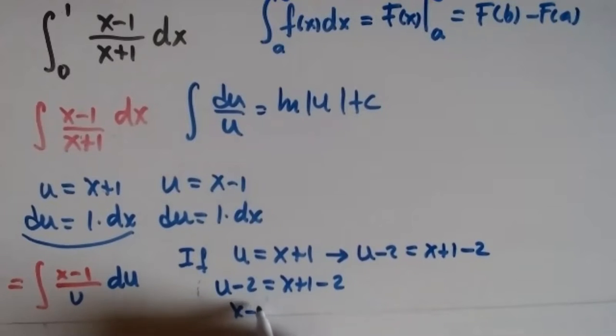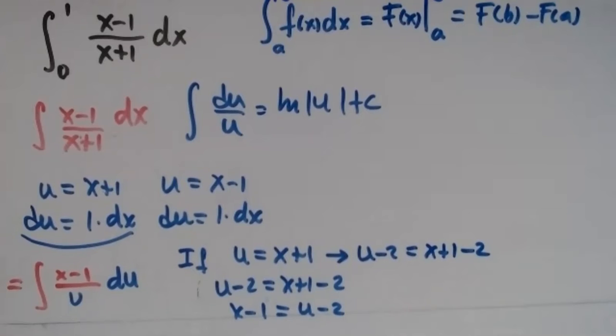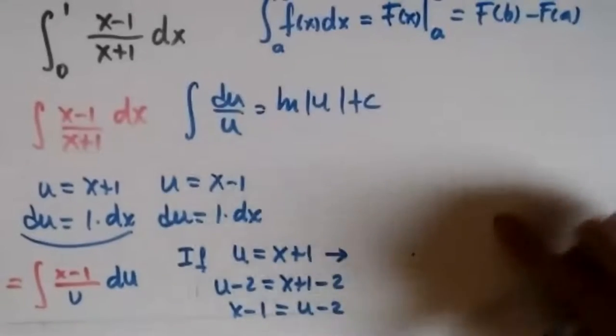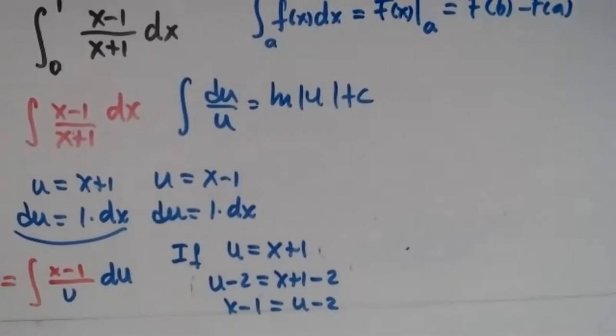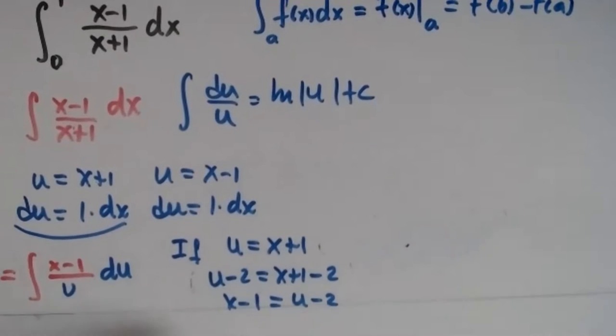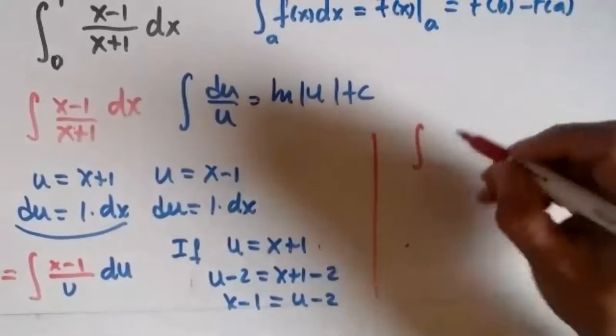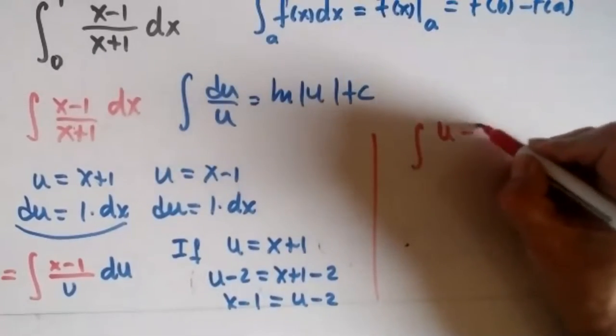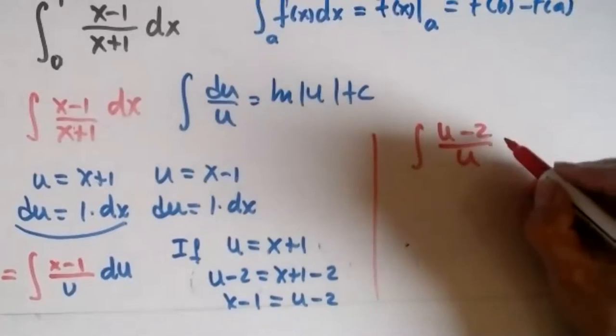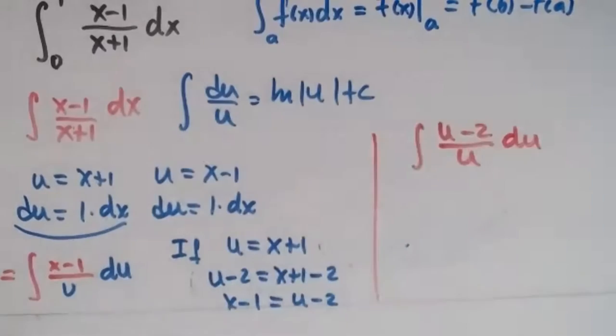So x minus 1 equals u minus 2, correct? Okay, everybody? So again, I'm playing with my algebra, but in the u substitution. Now my integral in red is going to be the integral of u minus 2 over u, du, correct?